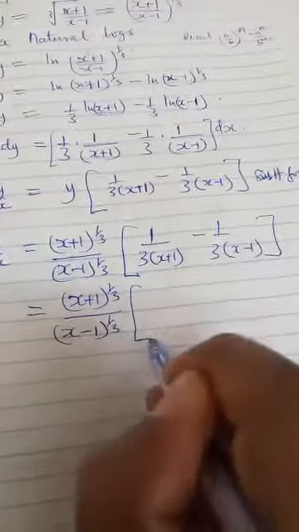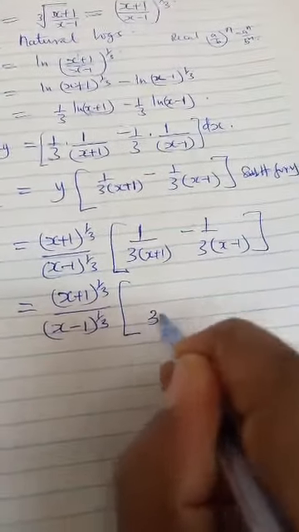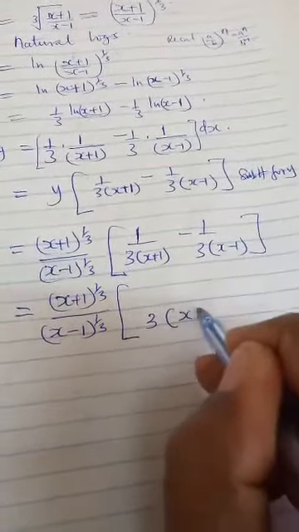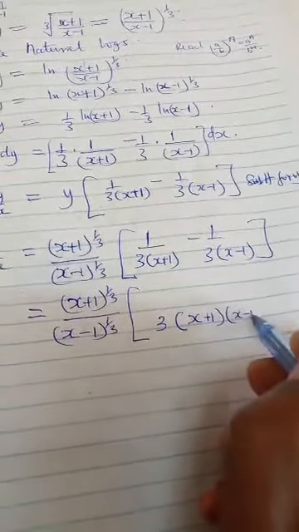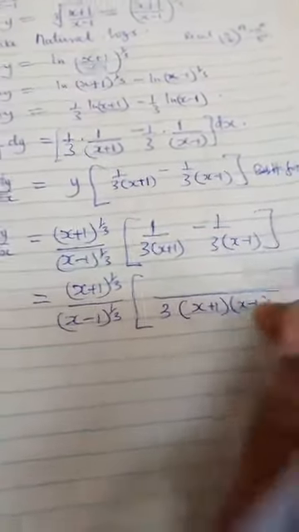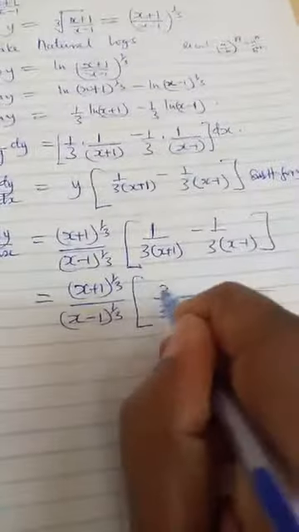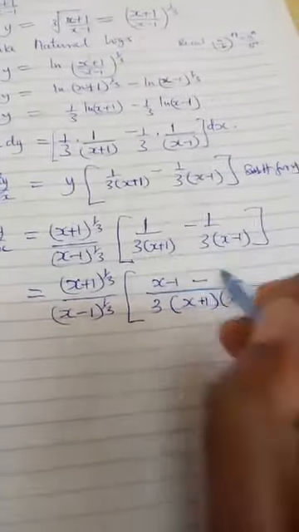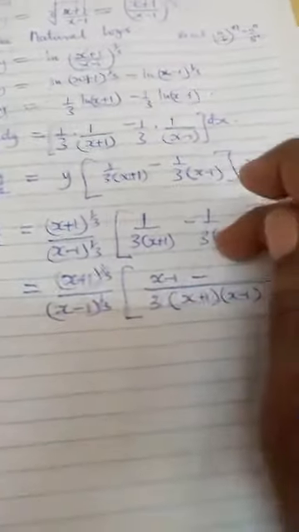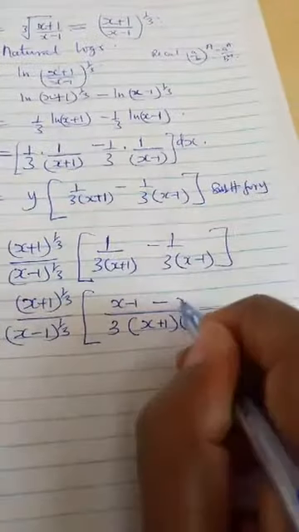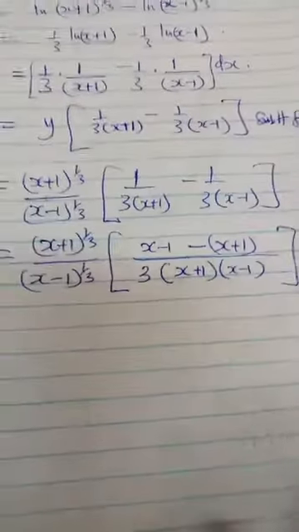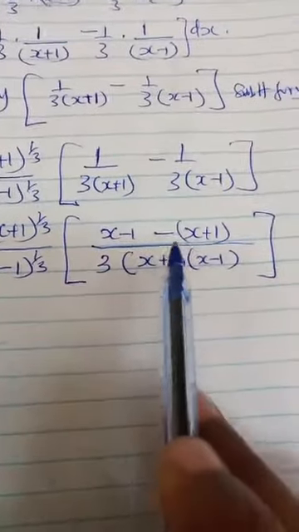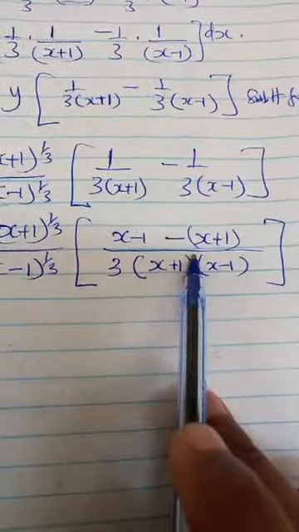Let me first reconcile this. The LCM will be 3 into x plus 1 into x minus 1. And here, when the whole of this is divided here, we will actually get x minus 1. Minus, when the whole of this is divided here, we get x plus 1. And when we reconcile the bracketed numerator, we shall get negative 2.